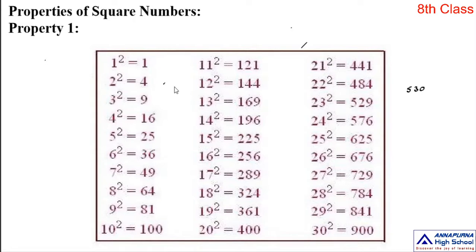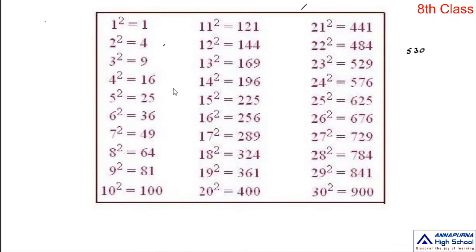And here I ask some important questions. See the table. Does any perfect square number end with 2? No. Any perfect square number ends with 7?